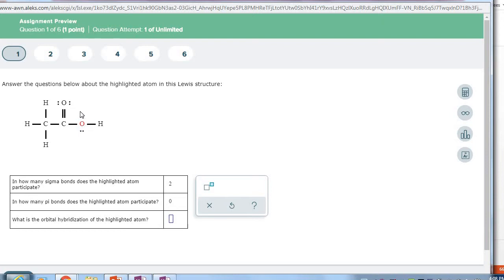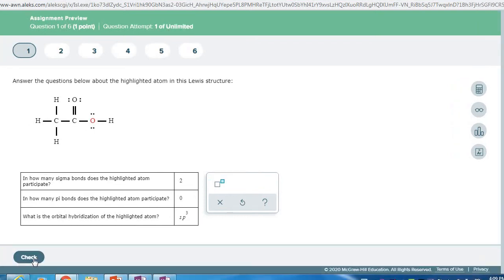That indicates that there need to be 4 hybrid orbitals. And when we form 4 hybrid orbitals, that is what we call sp3 hybridization. So that is the hybridization going on around that oxygen.